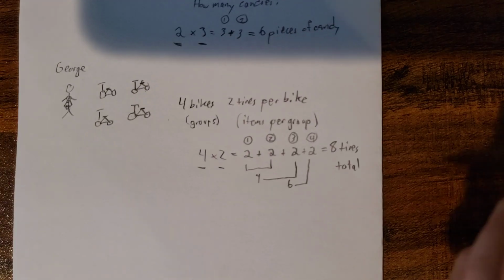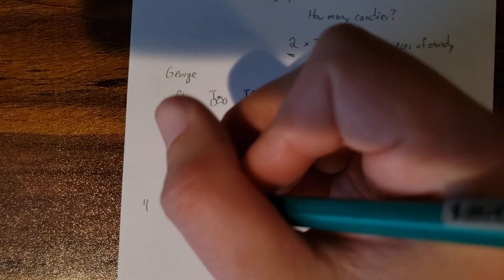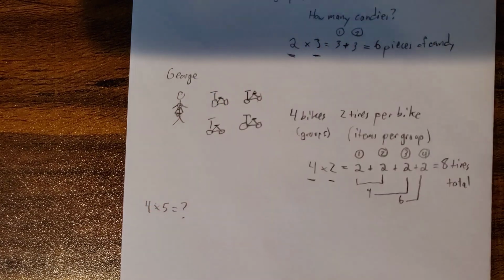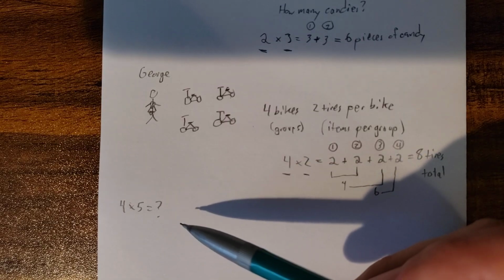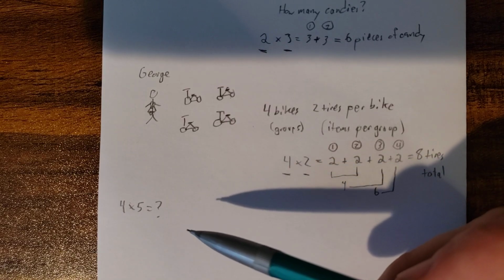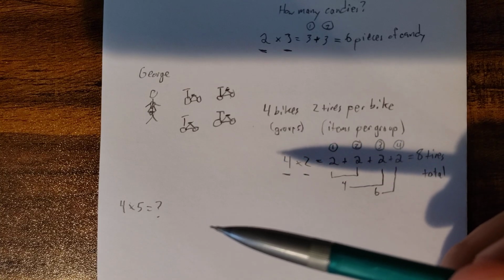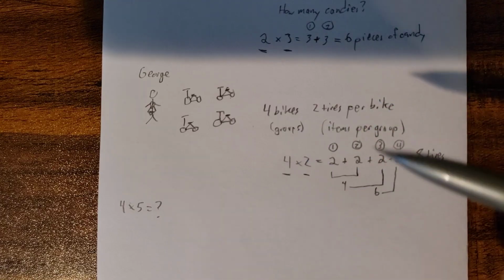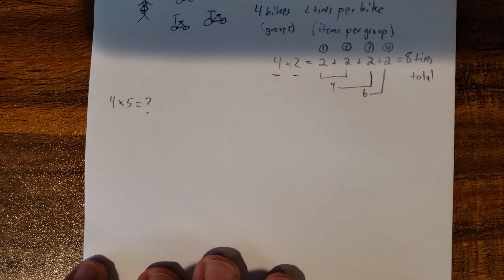Sometimes you're going to have something that's just pure math, like 4 times 5 equals what? Now you can think of this visually if you'd like, or as pure math. Either way you do it doesn't really change the answer. Either way is right. So we'll do it first visually, and then we'll do it mathematically.